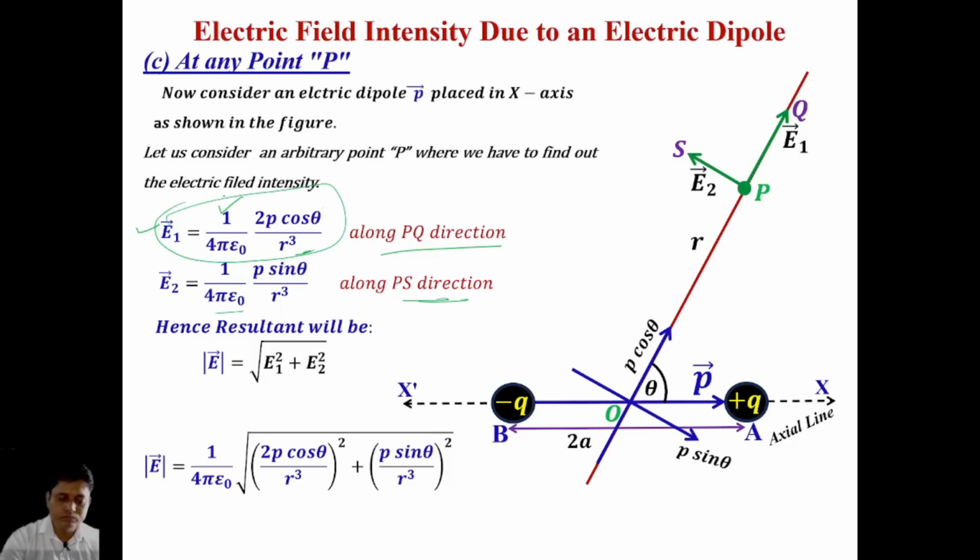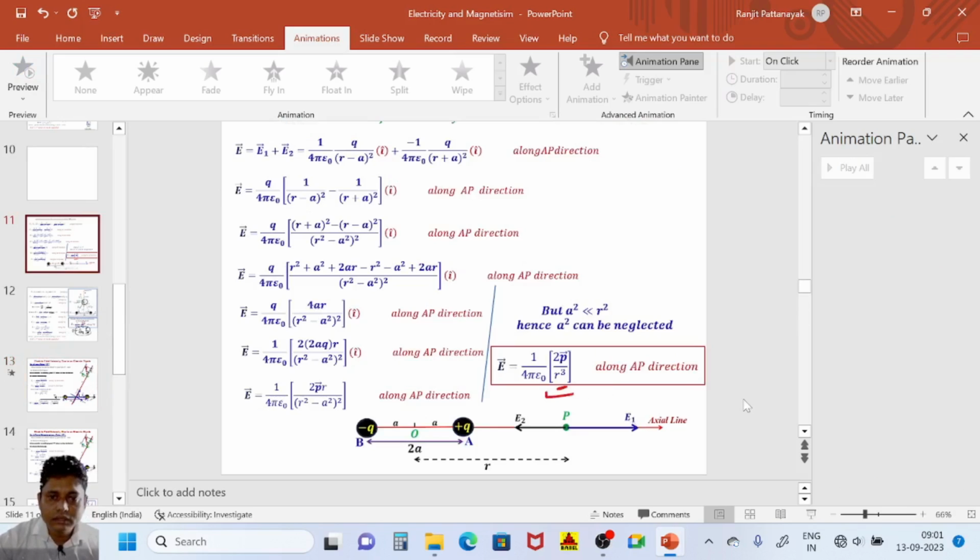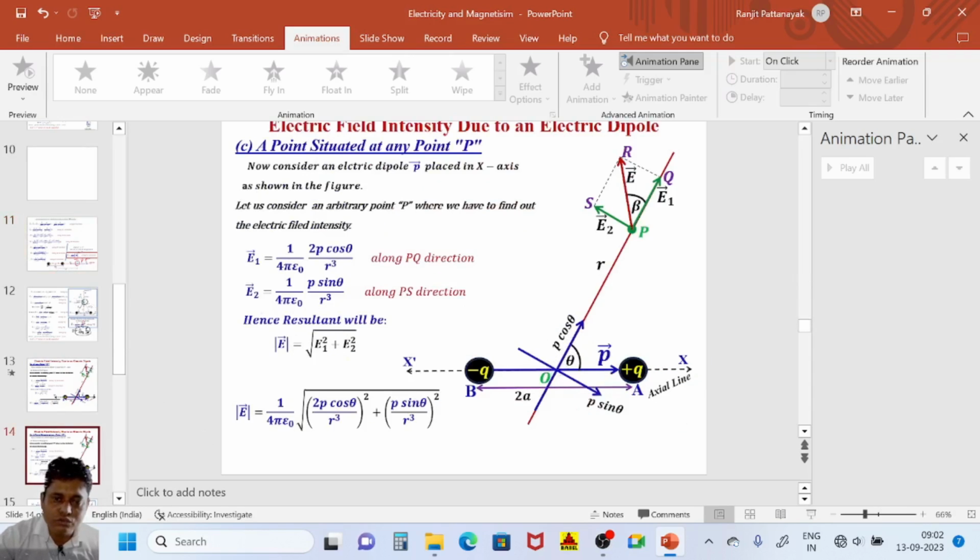I am going to show you. If we consider a point situated on the axial line, the magnitude we found is 2P by r cubed, where the dipole moment is the P vector with magnitude P. Comparing with this situation, here the magnitude is P cos theta.